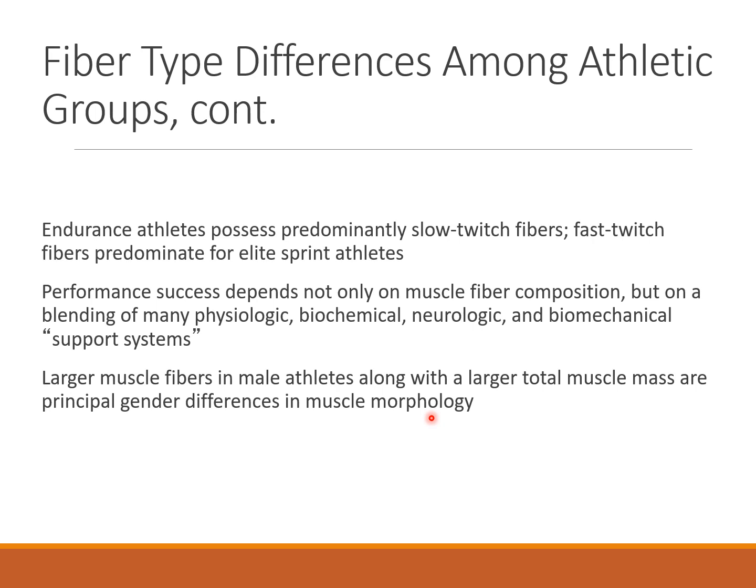Aside from that, the muscle fiber composition will be very, very similar. If you were to take a muscle biopsy, they're going to present pretty similarly. So the big difference is going to be the actual size of the male athlete and their muscle mass.